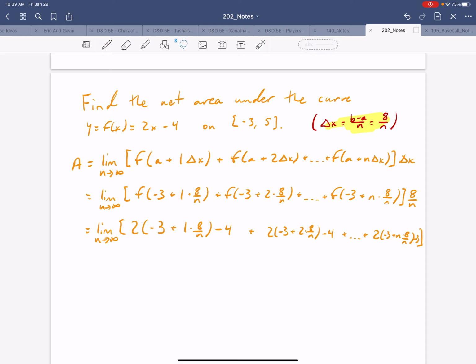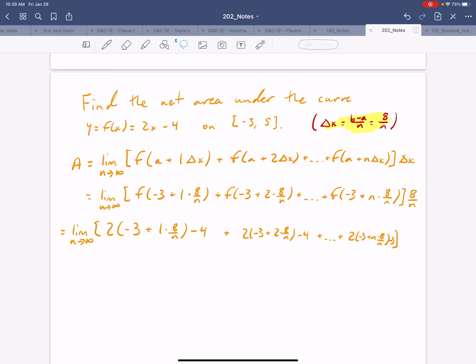Ran out of room here. Times 8 over n. So again, all we did was plug this in for x, this in for x, etc. That looks a little bit tough to see, but that's the basic idea.